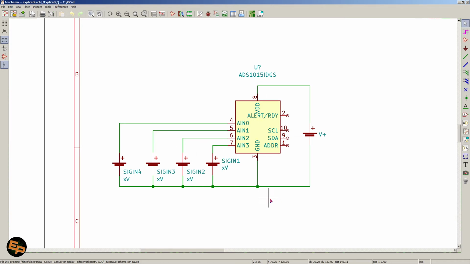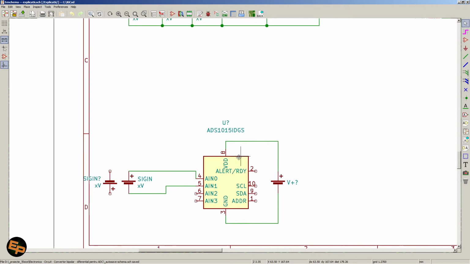Now, if we have voltages that go below ground, okay, like I said earlier, if we have bipolar signals, voltages that are both positive and negative, some ADCs allow us to use pairs of inputs in order to evaluate those voltages and have both positive and negative values.